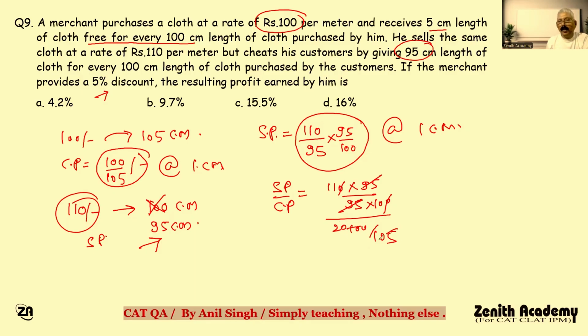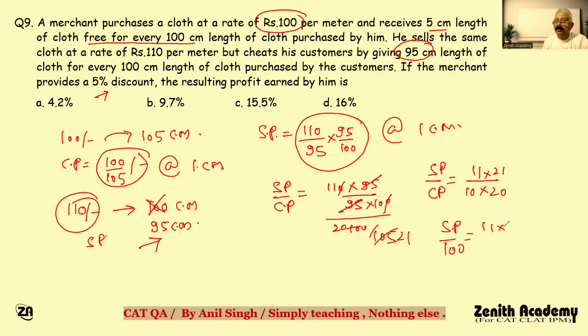This is 20 by 21. So SP over CP is 11 by 10 into 20 into 20.